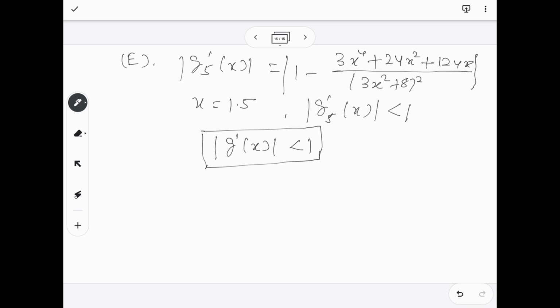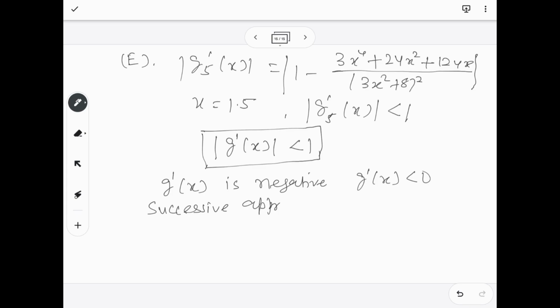In addition to this, if g prime is negative, that is g prime is less than 0, then successive approximations will oscillate about the root.